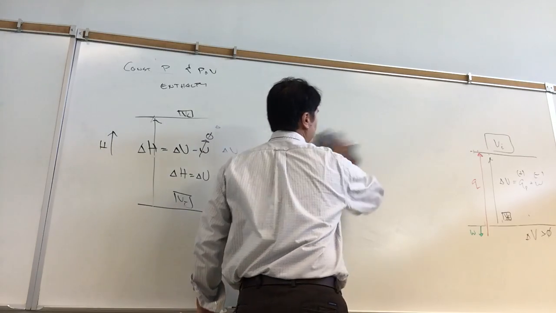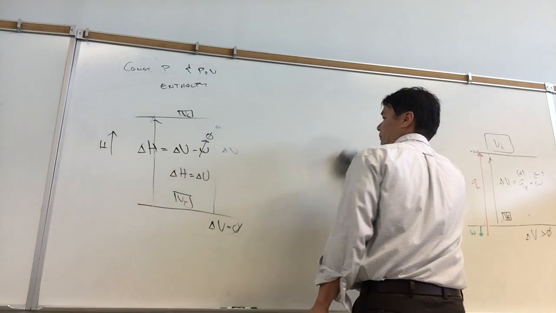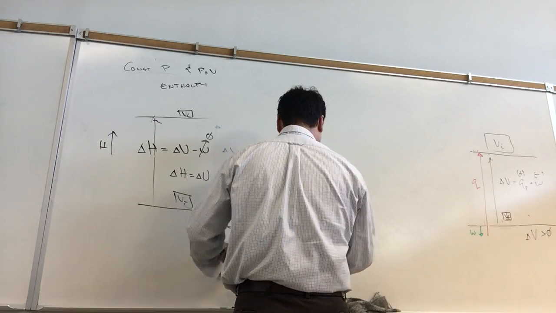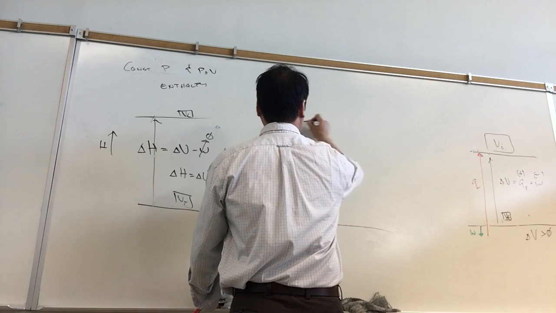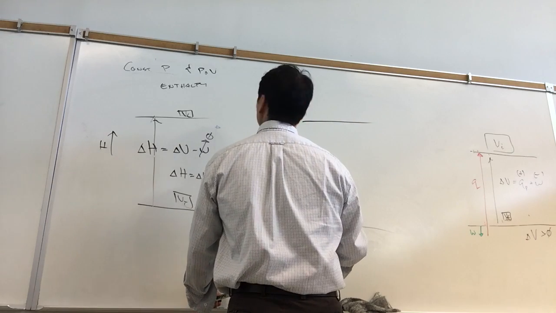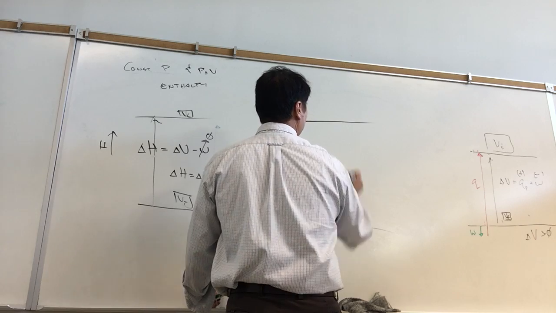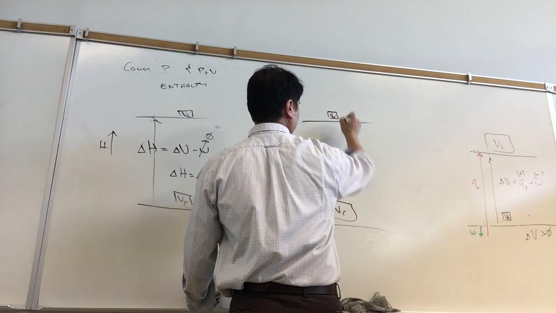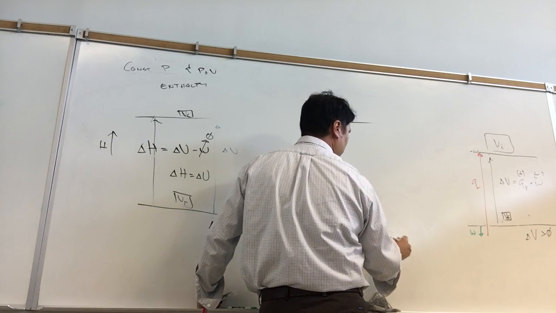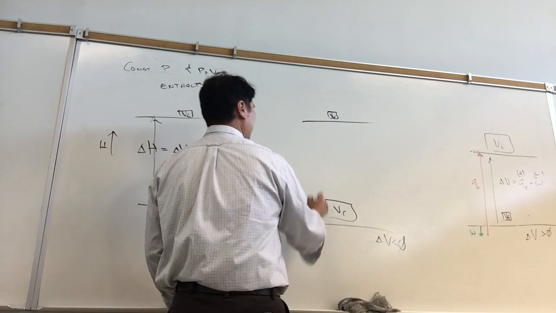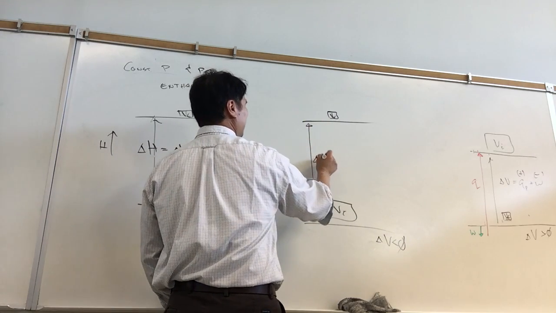Our net's going to be 1,000. We have to pay 1,000 for this. In this particular scenario here, V initial is bigger, V final is smaller, so delta V is less than 0. The volume is shrinking. And so here's our delta H here.